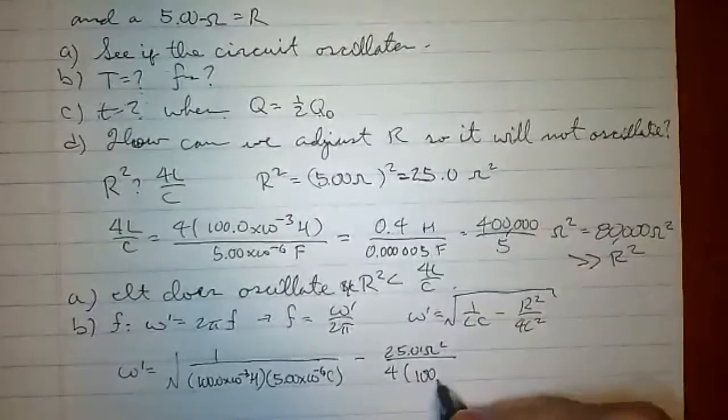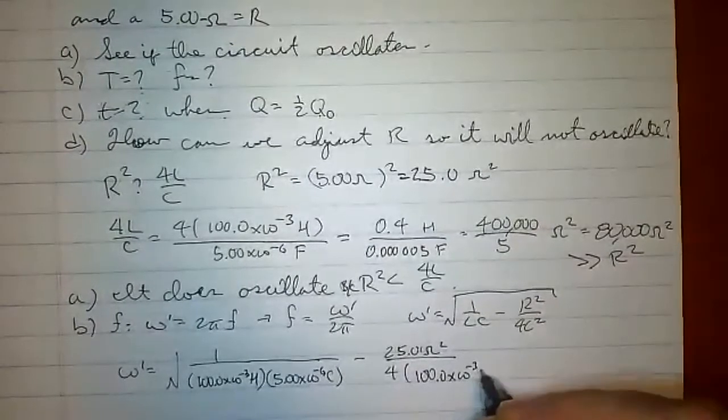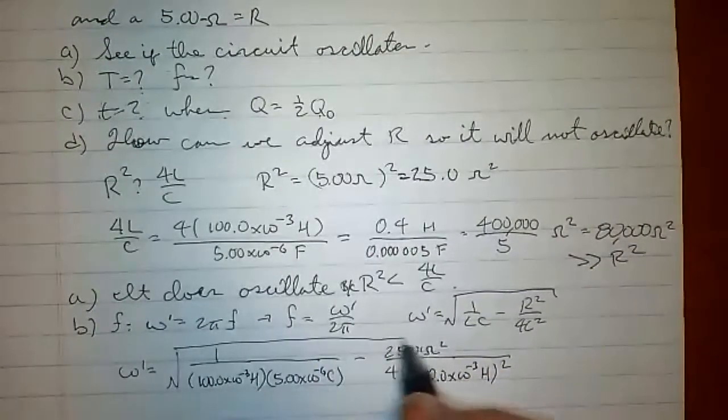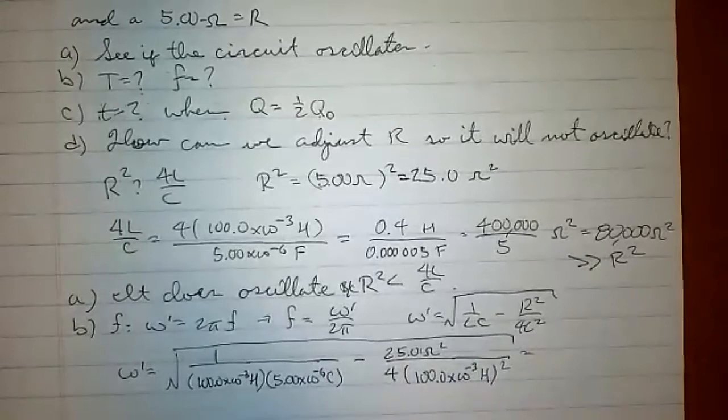So that's 100.0 times 10 to the negative 3 henries squared. And this should all come out in radians per second, but y'all can verify that if you'd like.